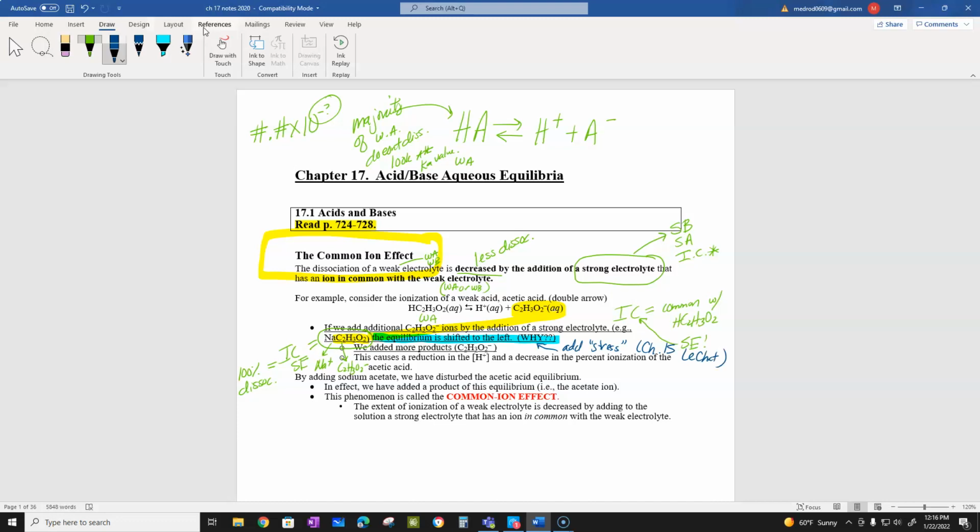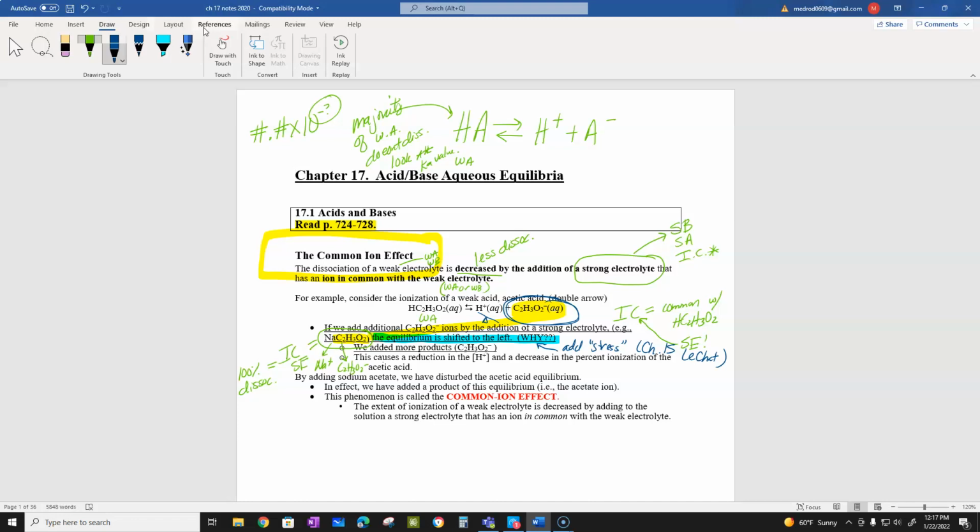If we add more acetate ions from that sodium acetate, I am tipping my teeter-totter. So how am I going to re-establish equilibrium? I've got to shift my reaction to the left. So I'm going to produce more acid and less hydrogen and less acetate ion.